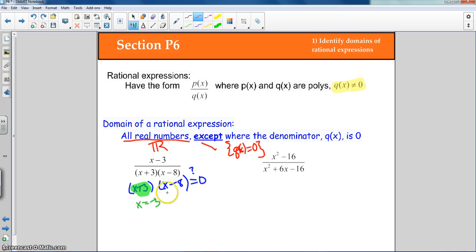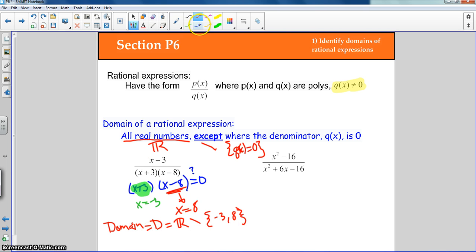And in the second term here, x minus 8, I can't have x is equal to 8. So the domain here, and I'm going to use D for domain, is going to be all real numbers, and I'll write this out in a minute. All real numbers except we can't have minus 3 and we can't have 8.